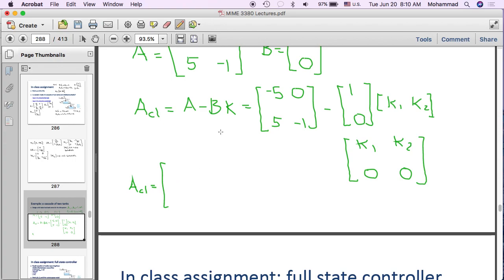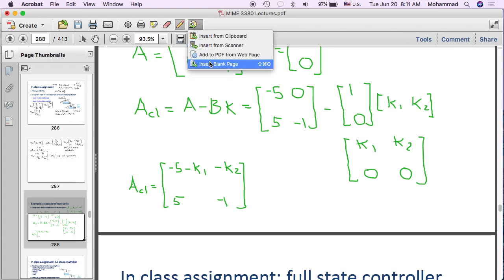It's minus 5 minus K1, 0 minus K2, so it's minus K2, 5 minus 0, so 5, and minus 1 minus 0, it's minus 1. So we found the closed loop A matrix.